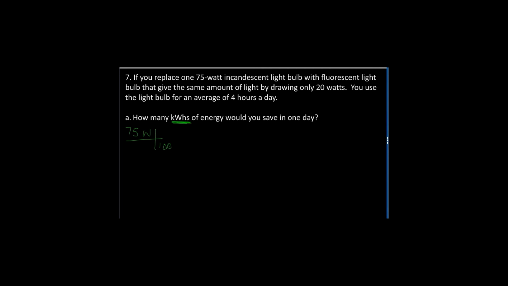So we have 1,000 watts in 1 kilowatt. We'll get the hour in a second. And then we multiply it by 4 hours. There's our hour. And we end up with 0.3 kilowatt hours.